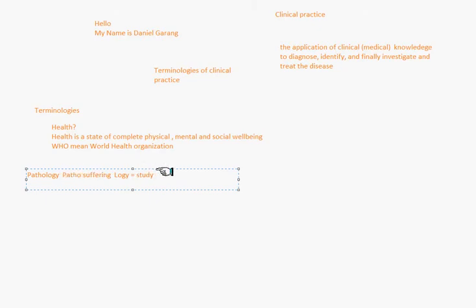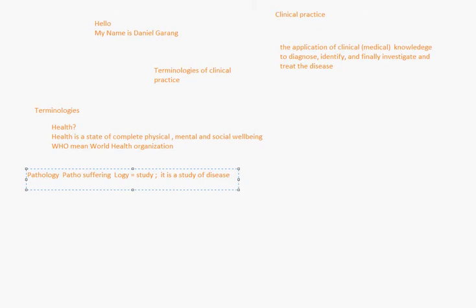So it is a study of suffering. In other words, the complete meaning is the study of disease. During your study in medical school, one of the subjects you will learn is pathology, which deals with disease. So that's the meaning of pathology.